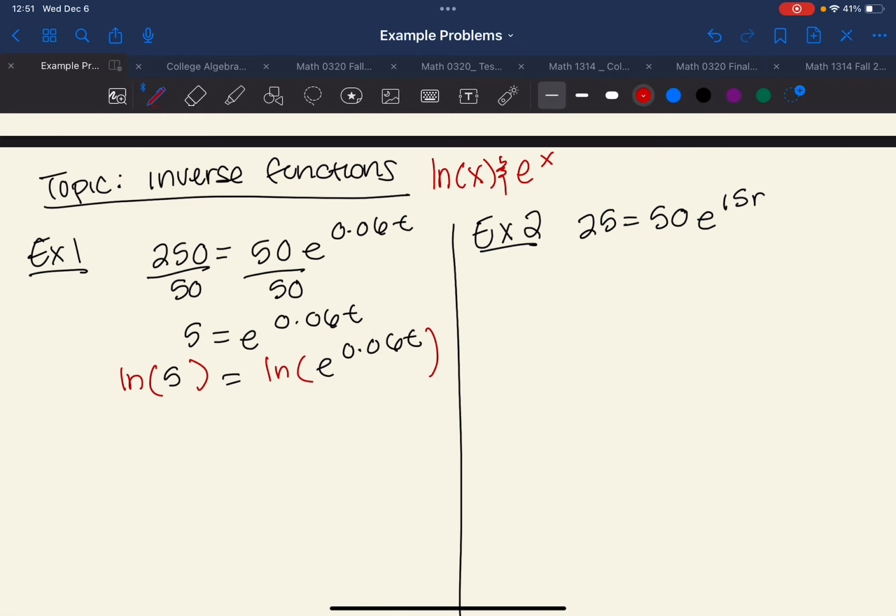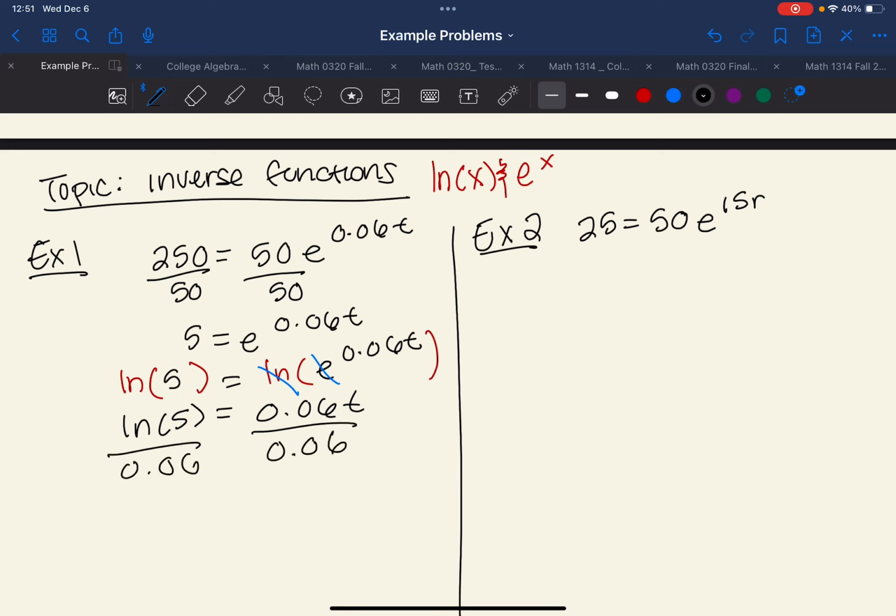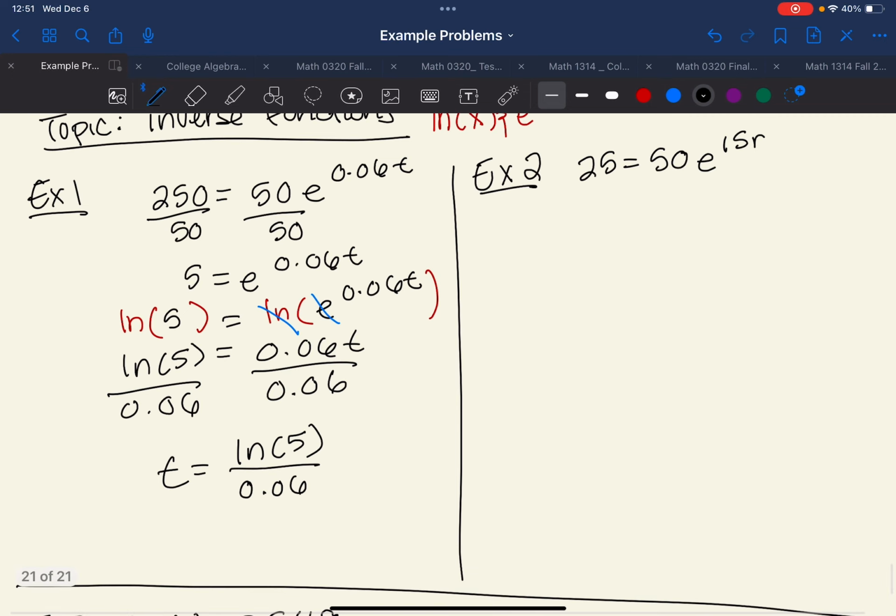And that's going to cancel out my e function. So now I have the natural log of 5 is equal to 0.06t. To get t by itself, I'm going to divide both sides by 0.06. And I get t is equal to the natural log of 5 divided by 0.06.